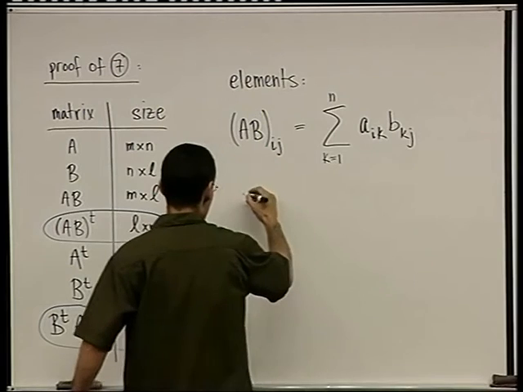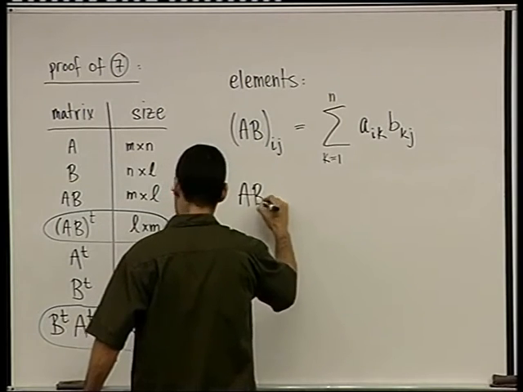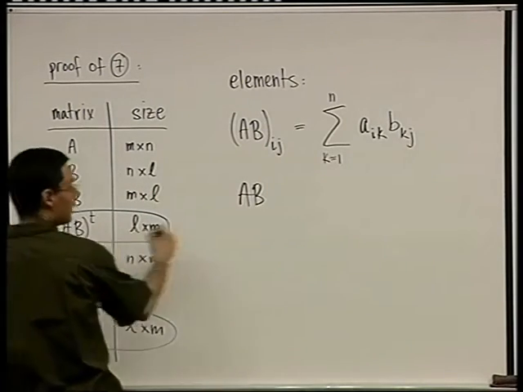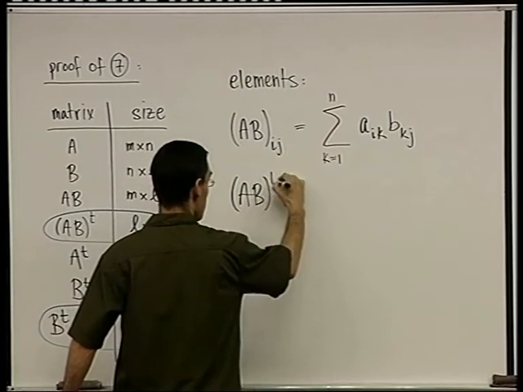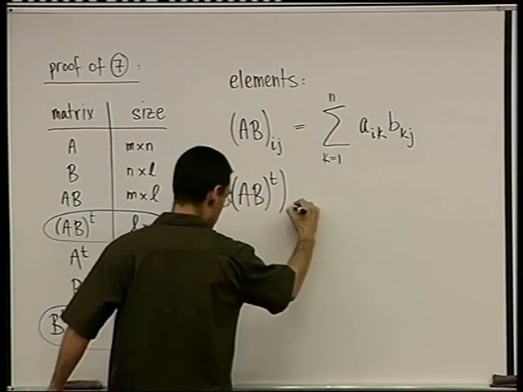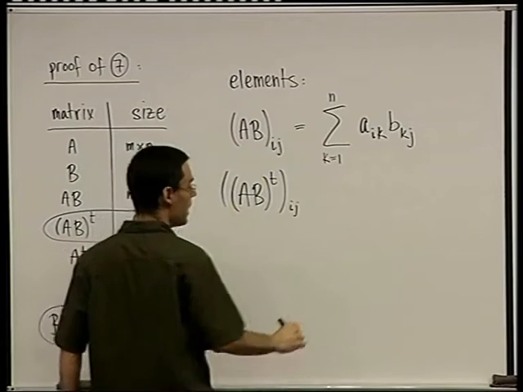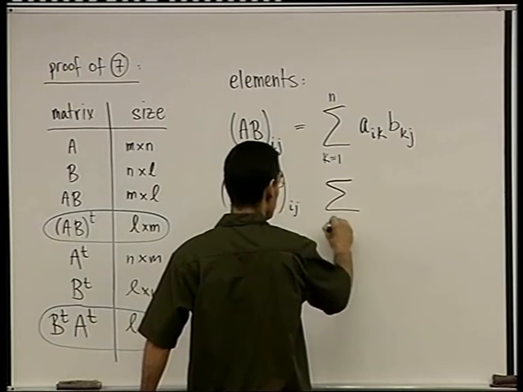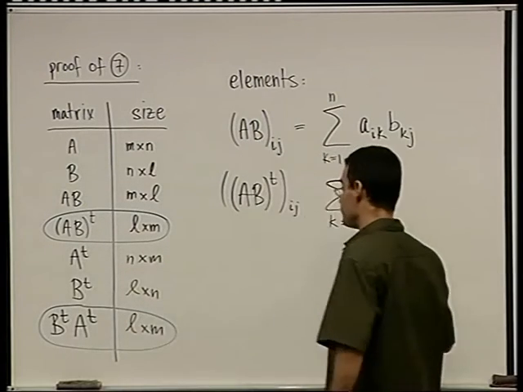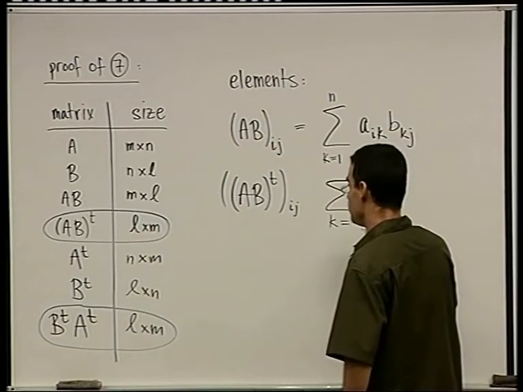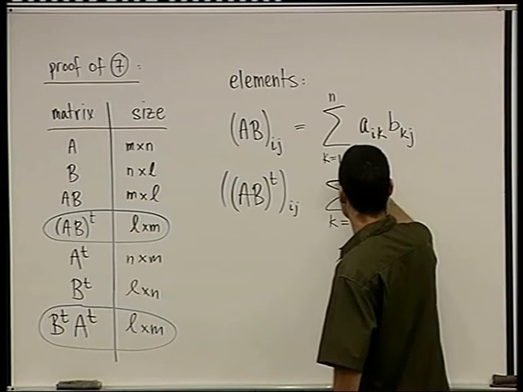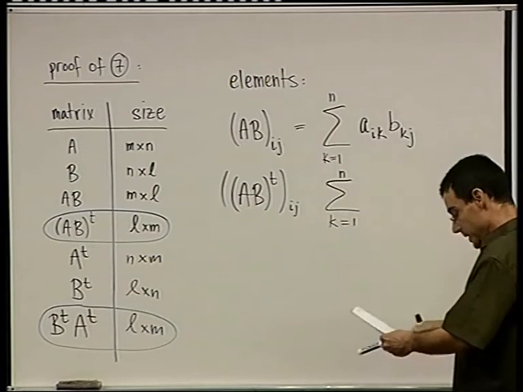Therefore, what is the ijth entry of the transpose? So (AB) transpose, ijth entry. So it's going to be the sum, k equals 1 to n. And what do we need to take?